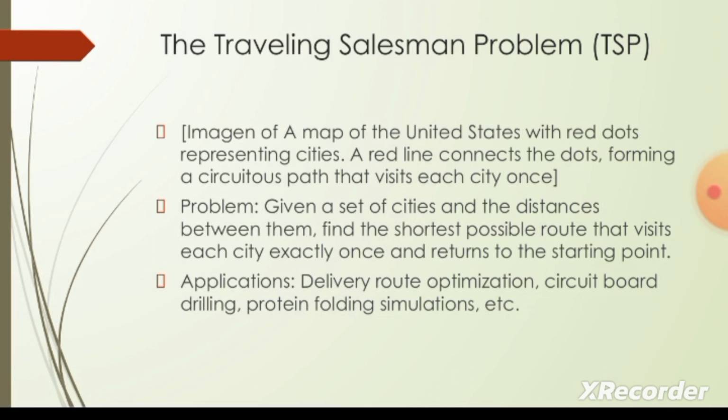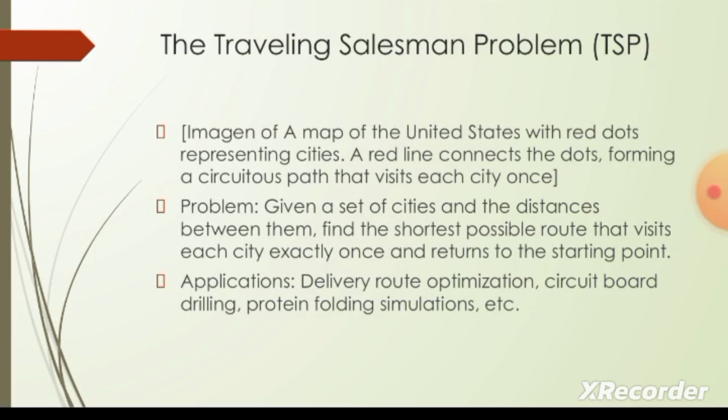So the problem is, given a set of cities and the distances between them, find the shortest possible route that visits each city exactly once and returns to the starting point.